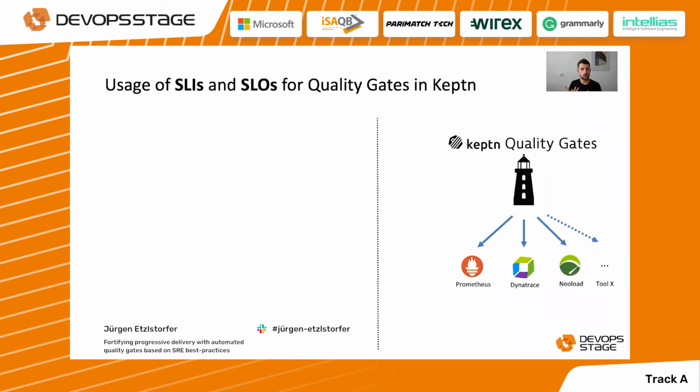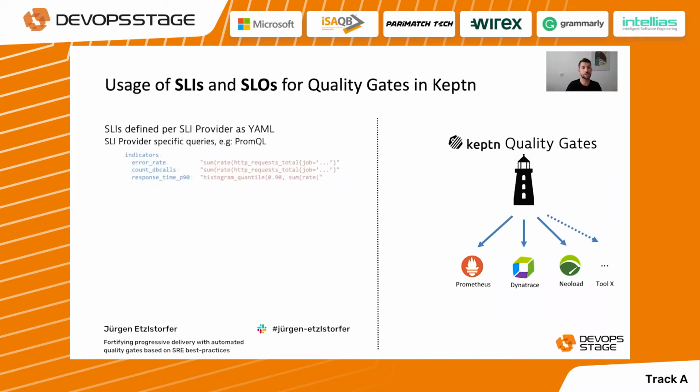So how does it look to define an SLI and an SLO file, and then how to use the Captain quality gates? If you remember from the previous slides, the quality gate was one part of the whole CD pipeline. After the tests have finished, you want to do your evaluation. First, for the evaluation, we need some data.